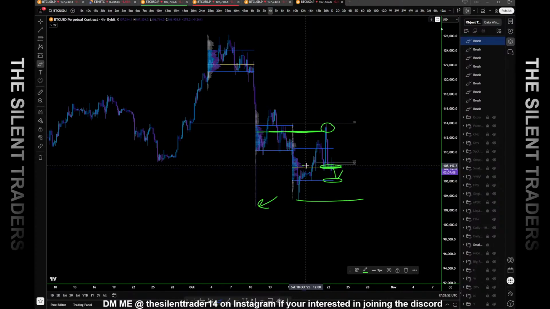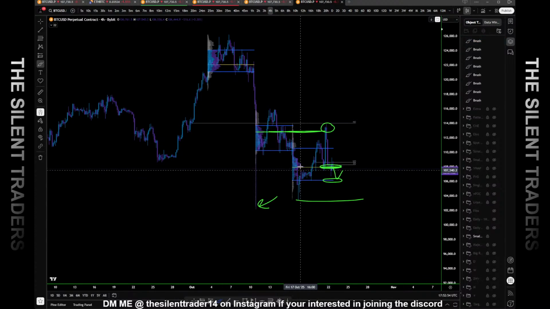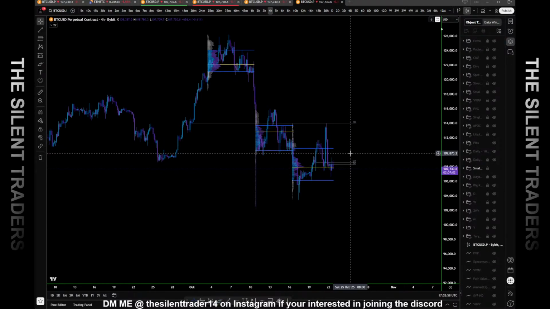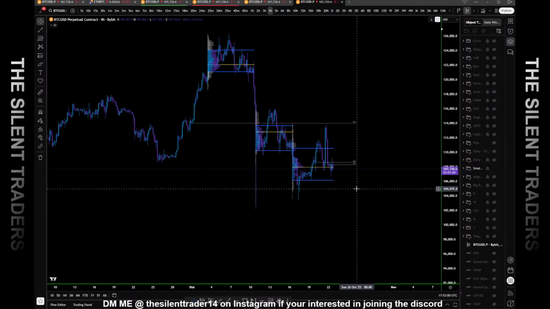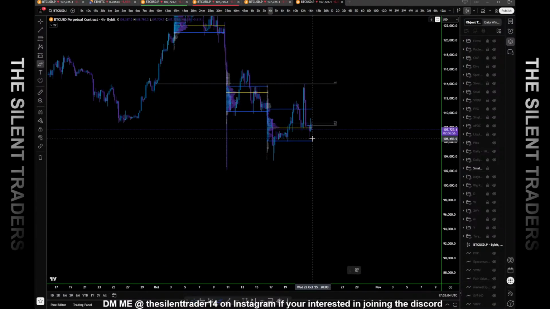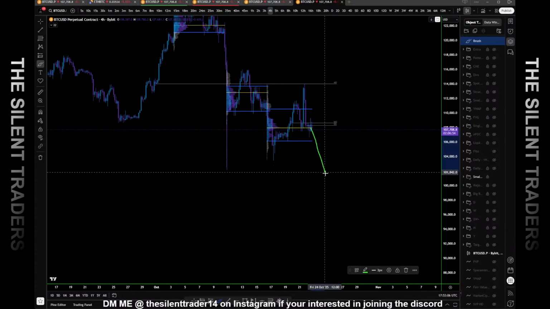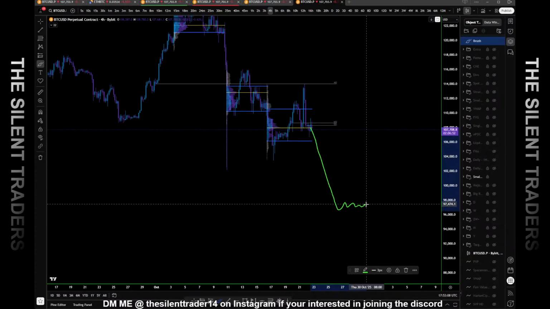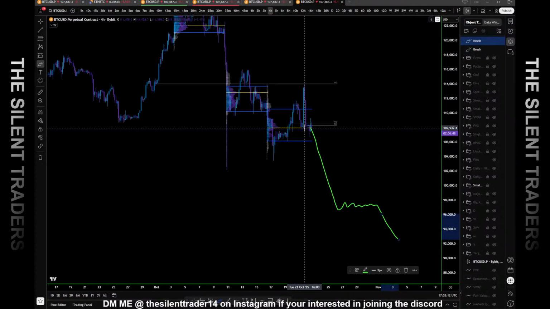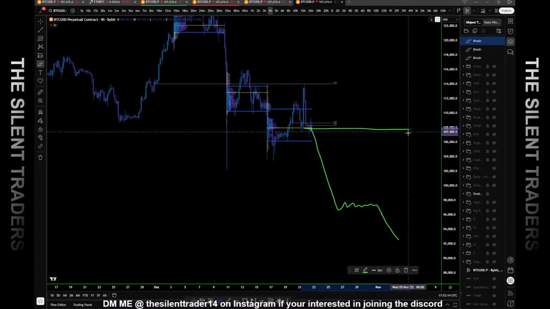But the main thing is when you lose a high volume node, so whenever you have a range and then you lose that range, you're gonna go down and create another range below you or above you. So if we fully lose this, eventually you're gonna start to create another range. So if we ever start to pump, you have very clear targets, right? This high volume node.